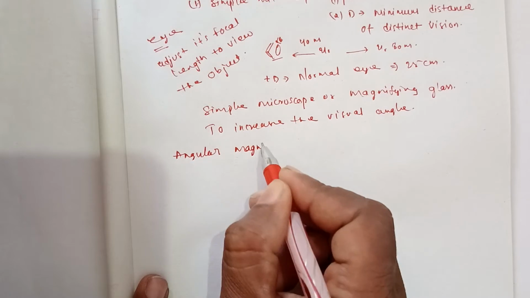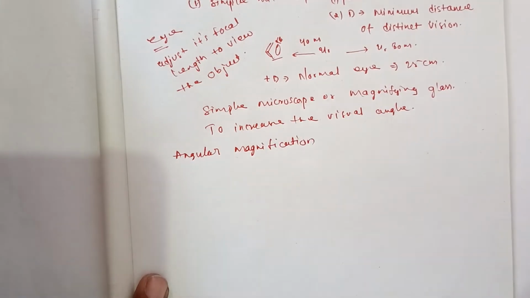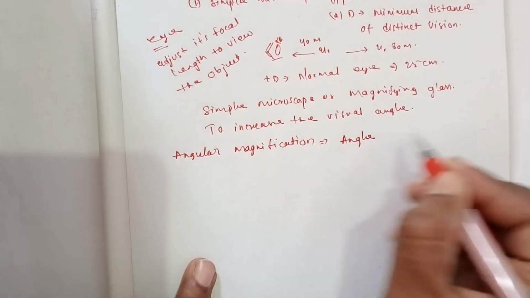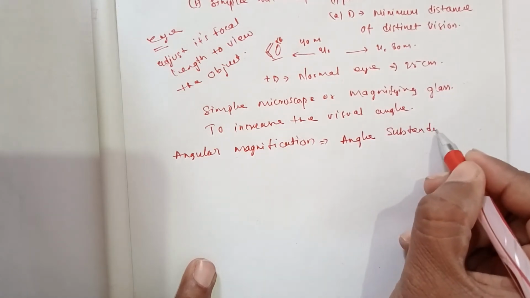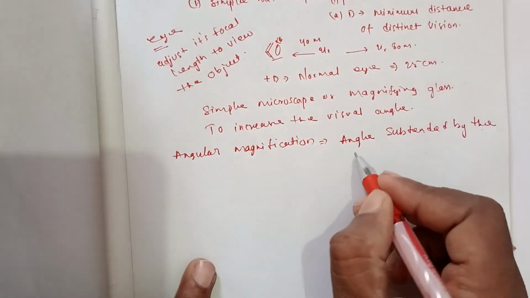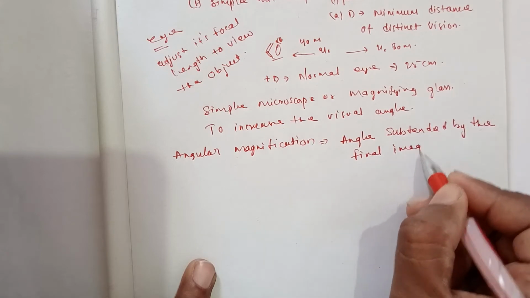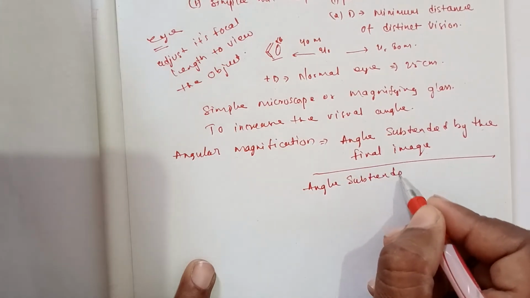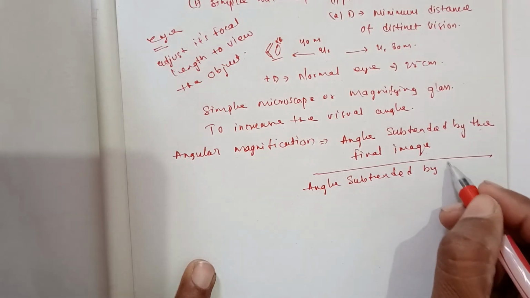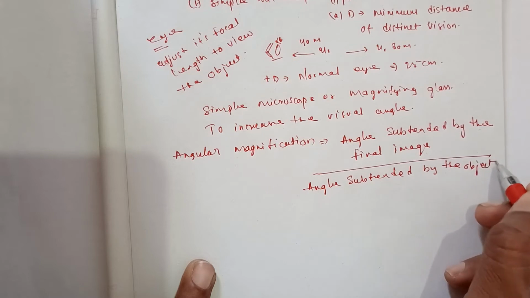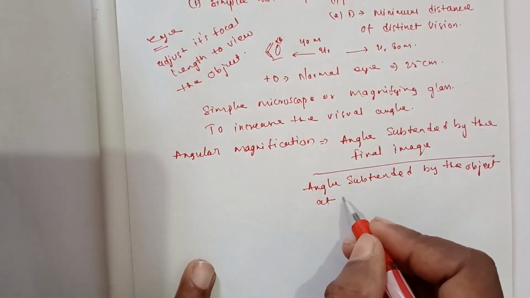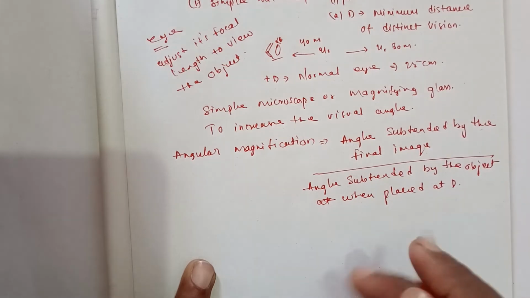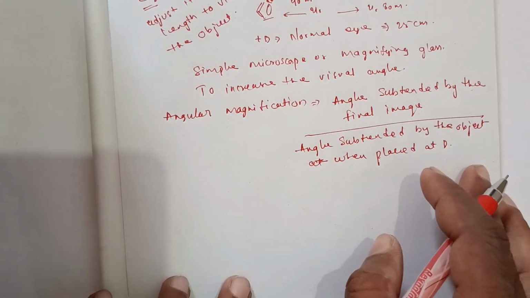Angular magnification is equal to the angle subtended by the final image to the angle subtended by the object when placed at D. D means the minimum distance of distinct vision.